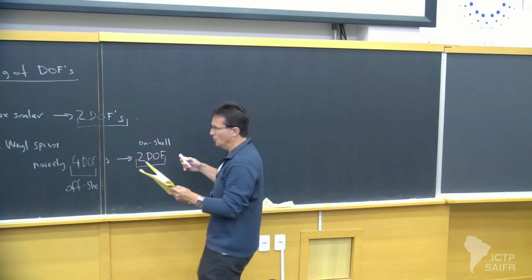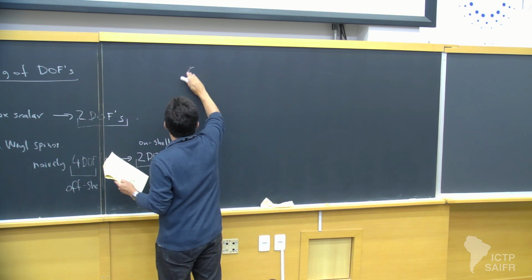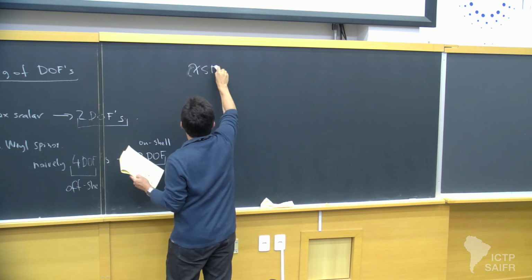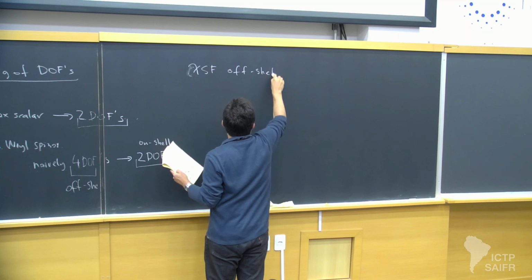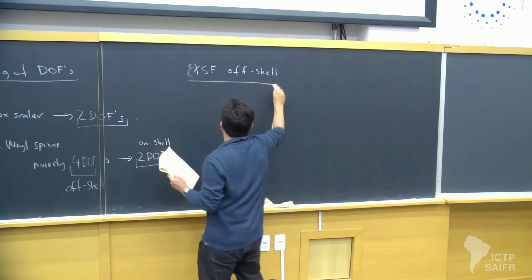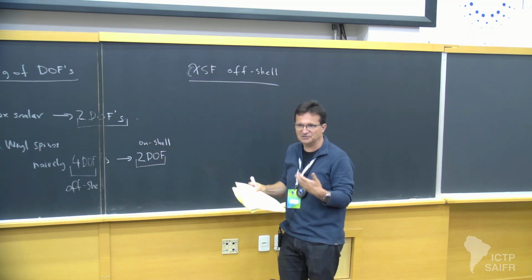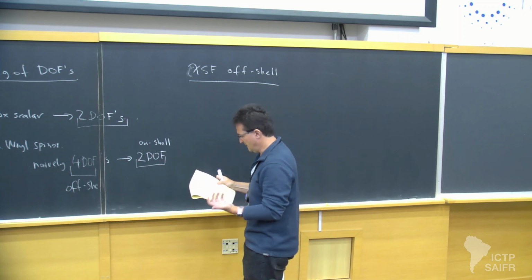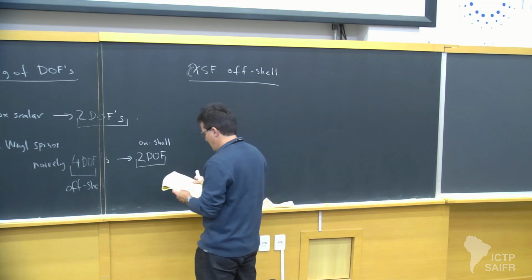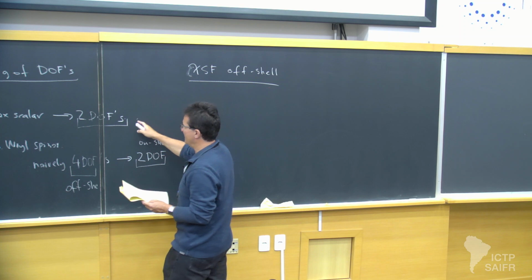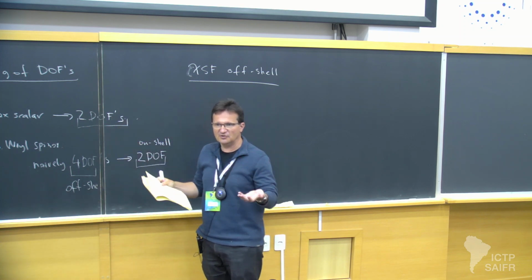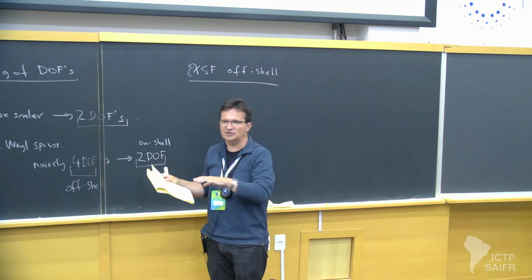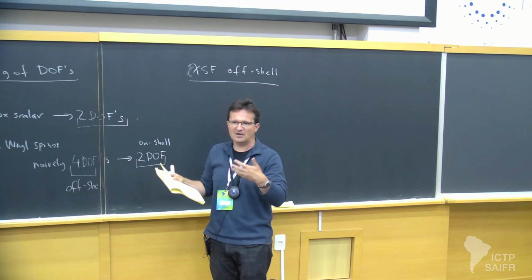So if you want to eventually write a Lagrangian that is relatively easily formulated, then you will have to add another degree of freedom here, which will have 2 degrees of freedom off shell and 0 degrees of freedom on shell. That's why I call it a dummy field.